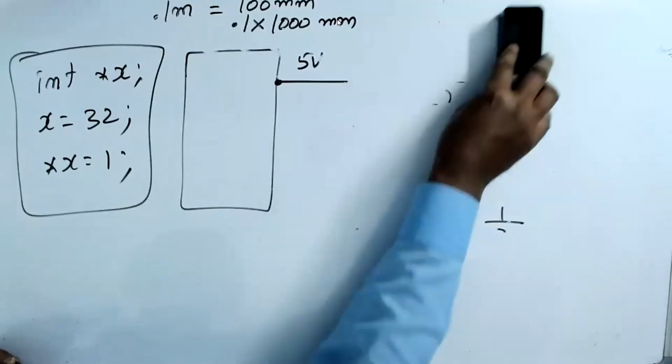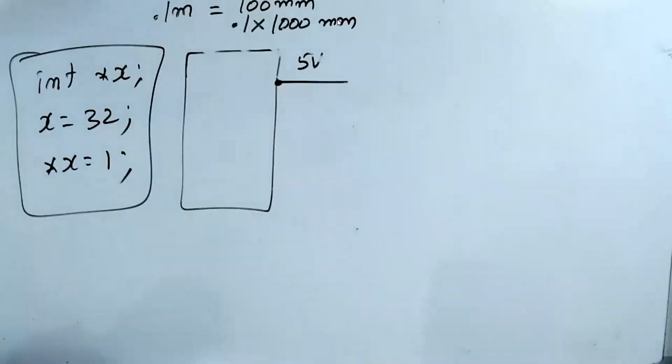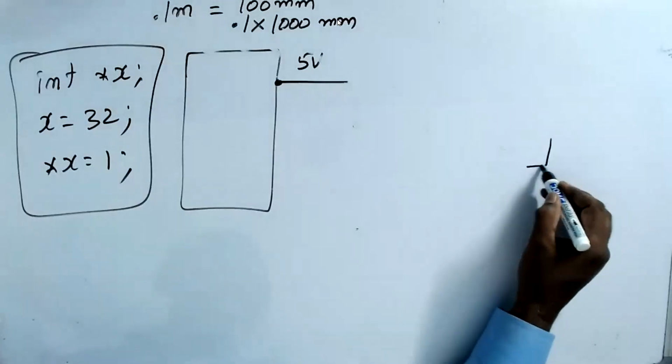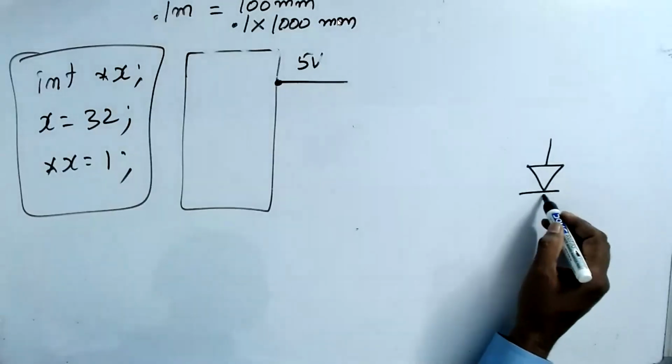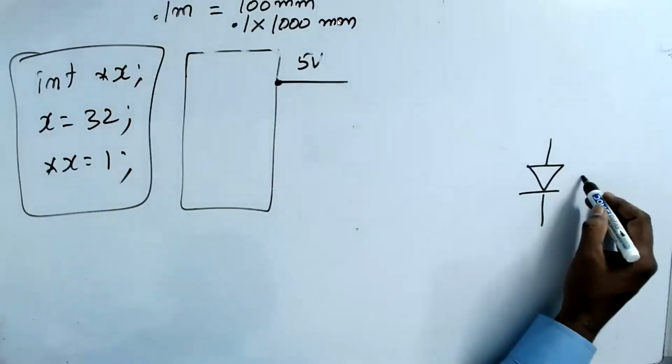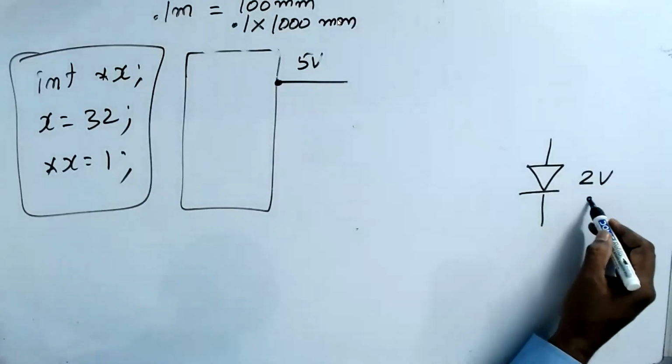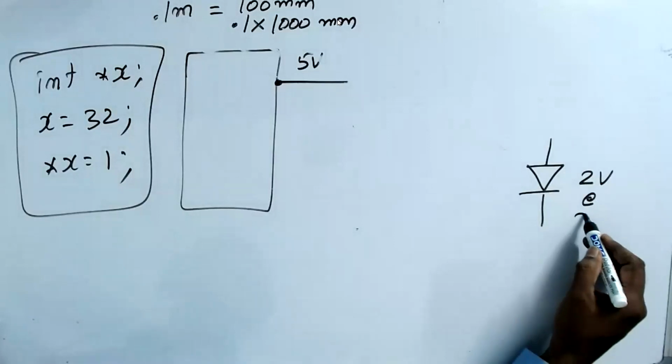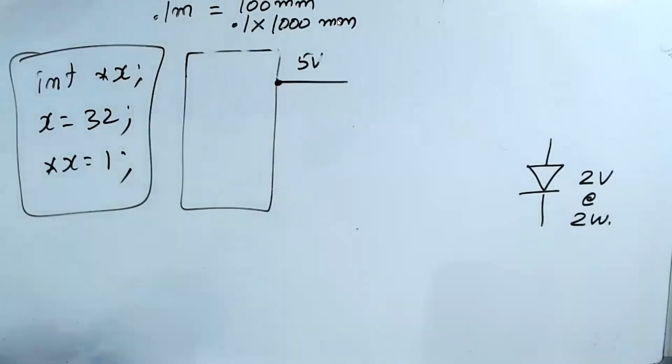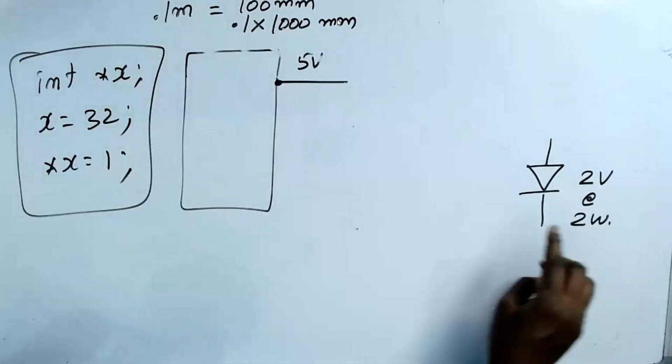Here is a problem. Okay. Now let us take a case. I have a bulb which is taking 2 volts at 2 watts. Assuming I'm using a very powerful LED which is giving you 2 watts.